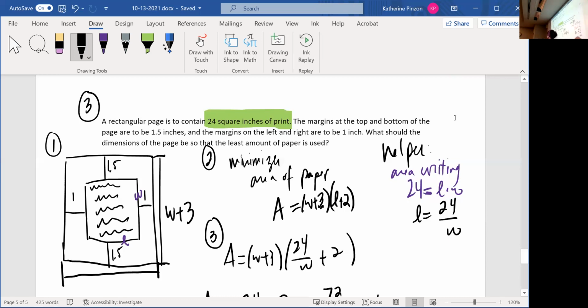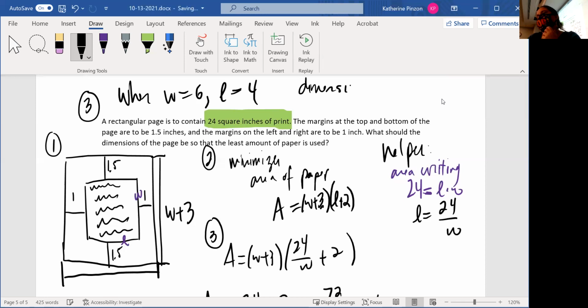And how am I going to find out this width here, this length here? With the equation. Okay, look, I know that 24 is L times W, yeah? So if W is 6, then L is 4. When W is 6, L is 4.